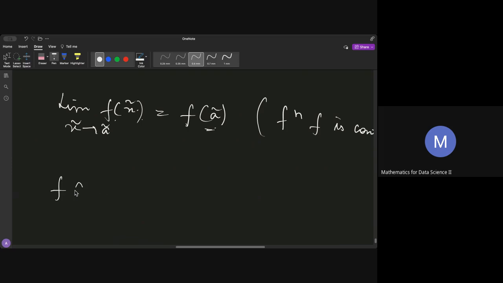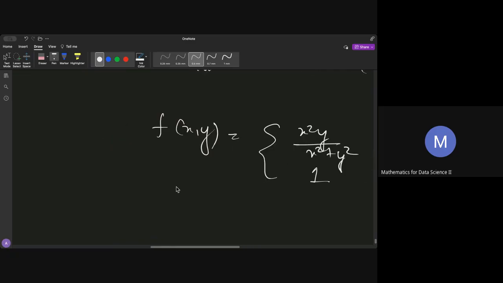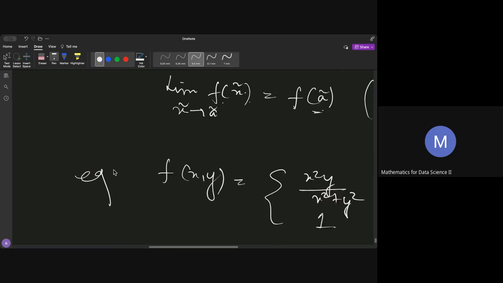Let's say you have f(x,y) equals x square y by x square plus y square, and here you have, let's say, 1. And you have to check whether this is continuous or not. Do you think this is continuous? Let's see.